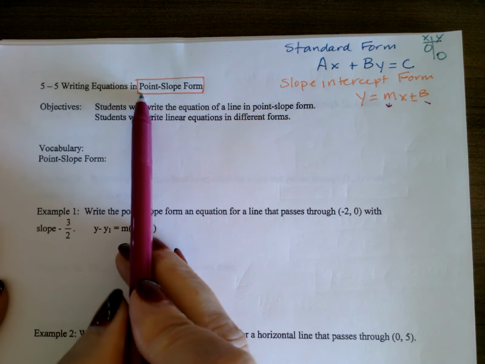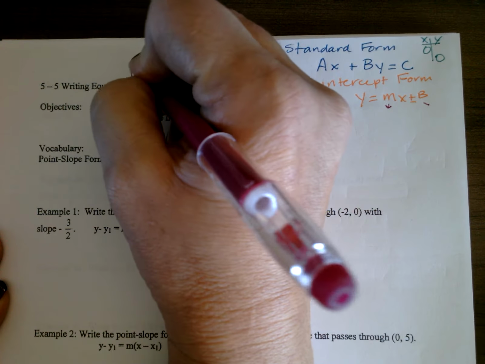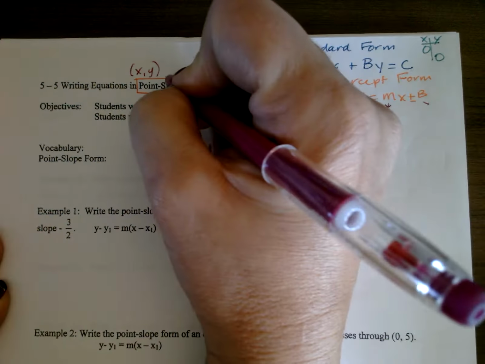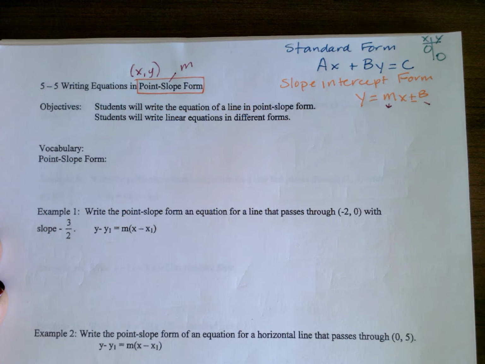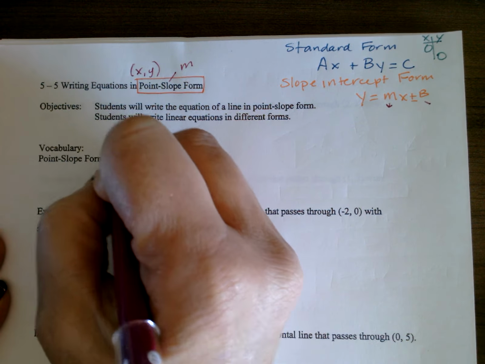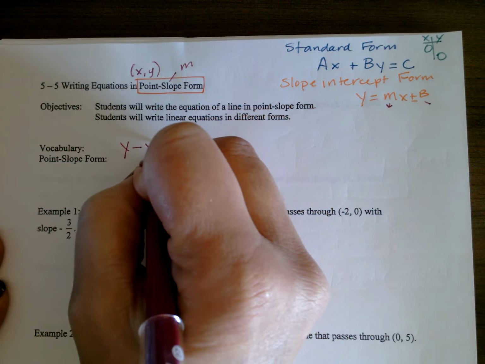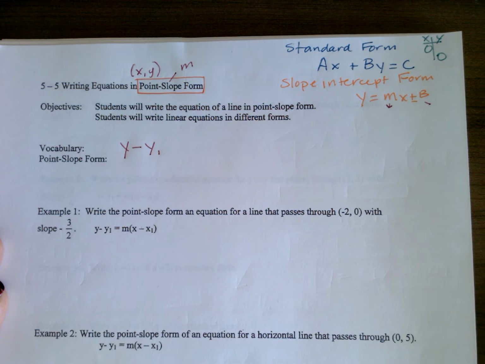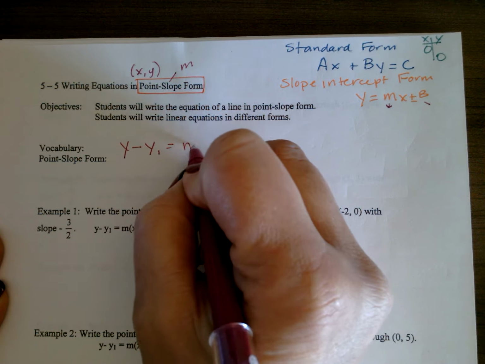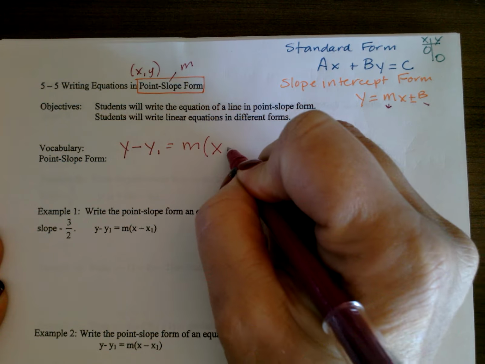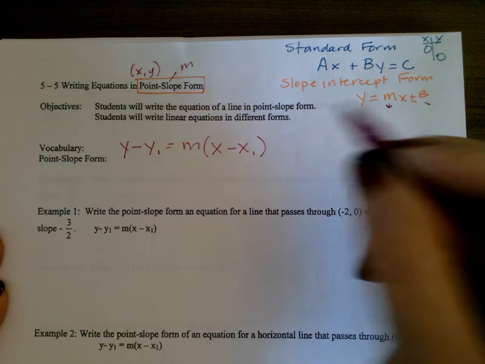Now, I will be giving you a point, and by a point we mean an ordered pair, and the slope, m. The equation for point-slope form is y minus y1 equals m times x minus x1.